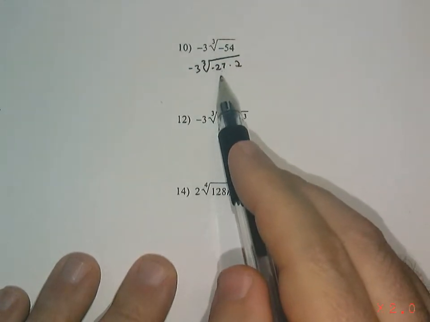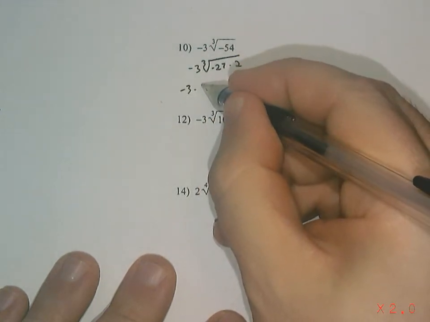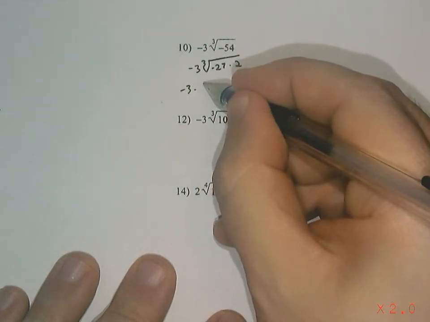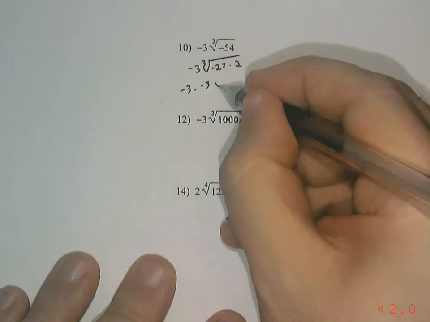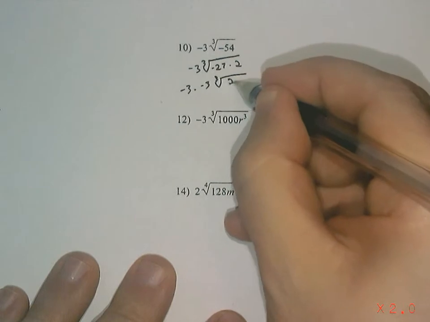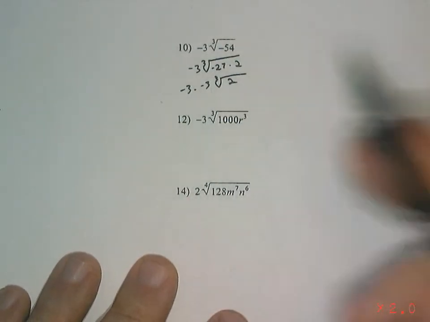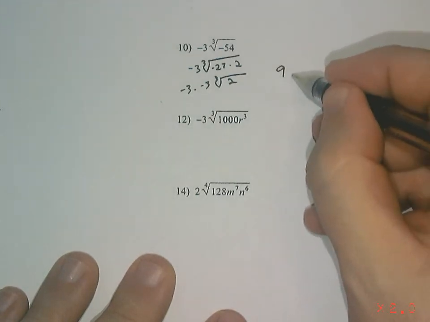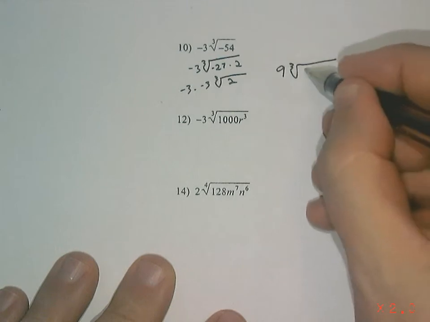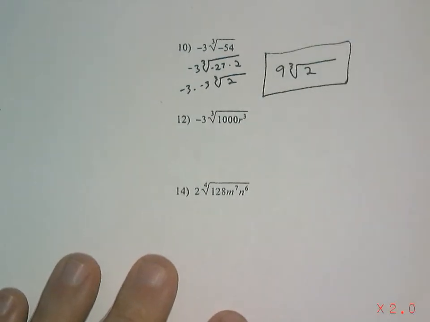Then if I find the cube root of that, bring it outside, it'd be negative 3 times negative 3 times the cube root of positive 2. Well, can I simplify that anymore? Yeah, negative 3 times negative 3 is positive 9. So positive 9 times the cube root of 2 would be my most simplified radical form of that one.